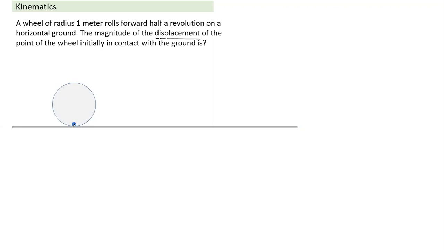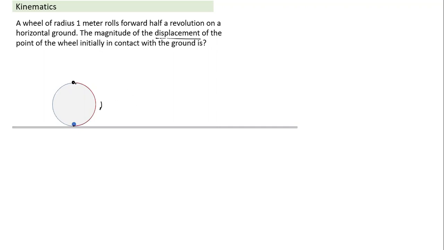A full revolution means when this point, as it starts rolling, comes in contact with the ground again, it has completed one full revolution. Half a revolution means the point which is here, on the other side, diametrically opposite this point. When this point comes in contact with the ground, it means it's half a revolution.